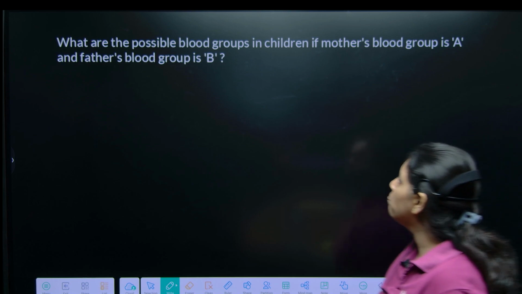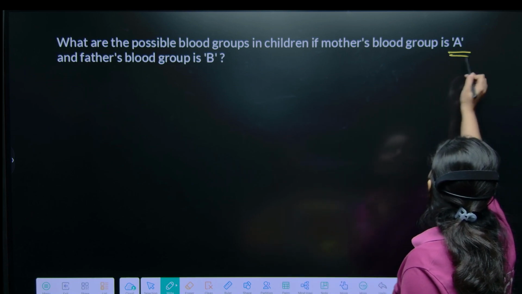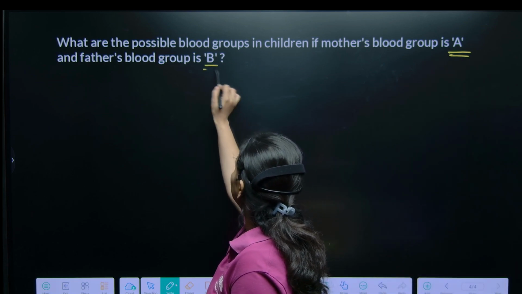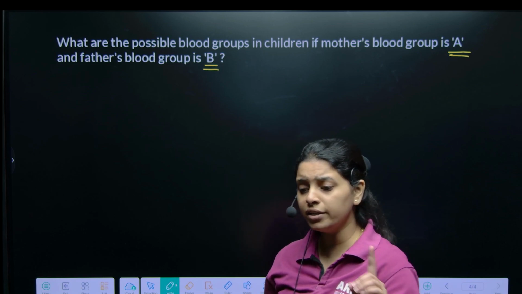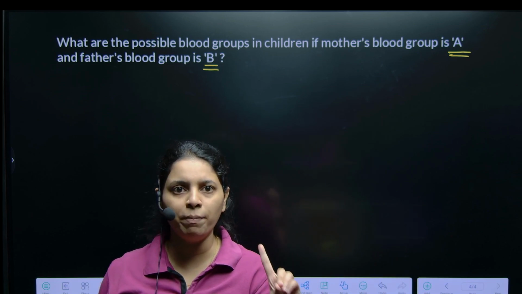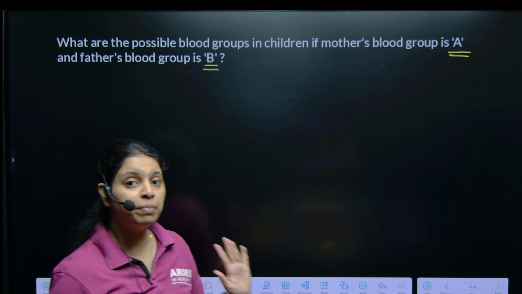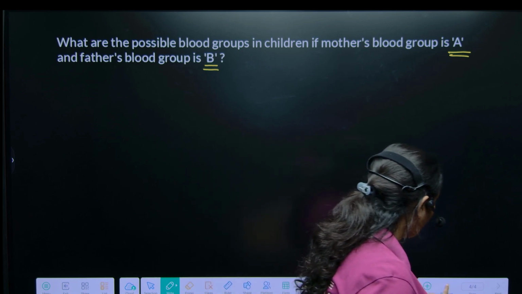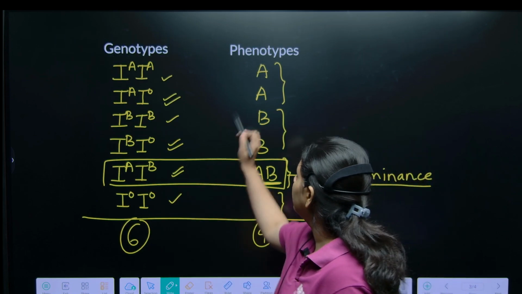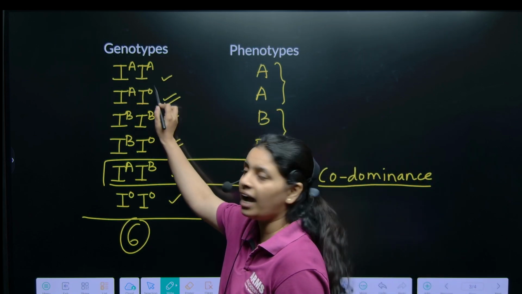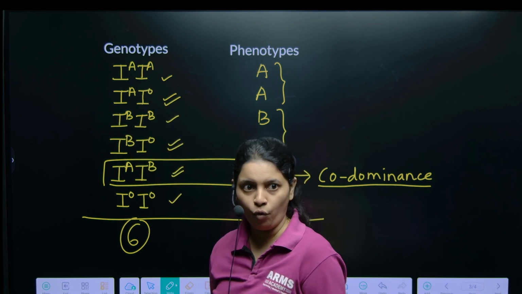Now, if a person has blood group A, then what are the possible genotypes? Let's go back to the previous slide. If there is A blood group, it could be IAIA or IAIO.